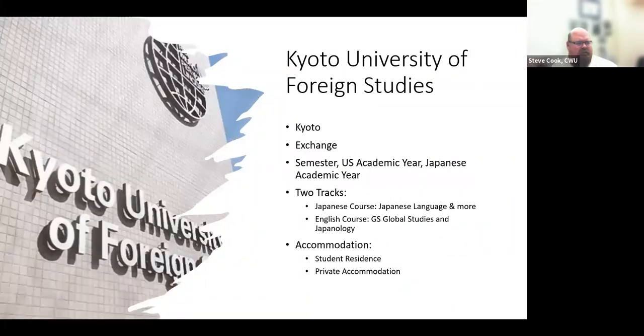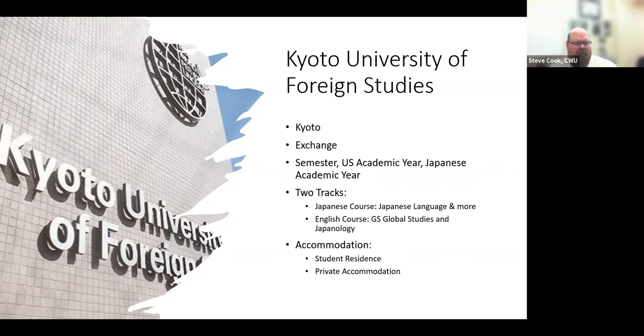And our final partner in Japan is Kyoto University of Foreign Studies, which, as the name would imply, is in Kyoto, the old capital before Tokyo, before Edo, which became Tokyo. Students can do either semester, US academic year, or the Japanese academic year here.